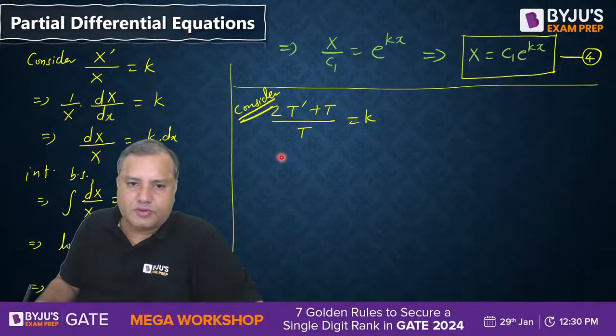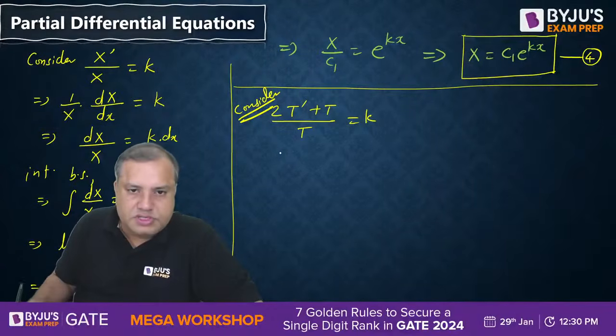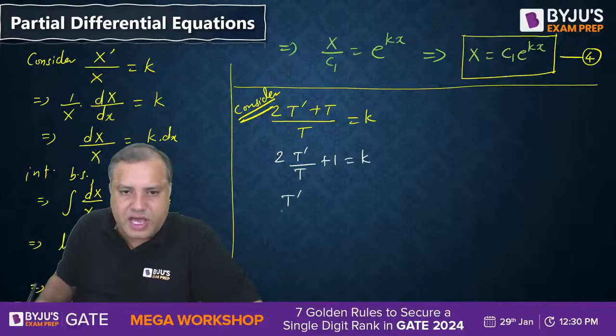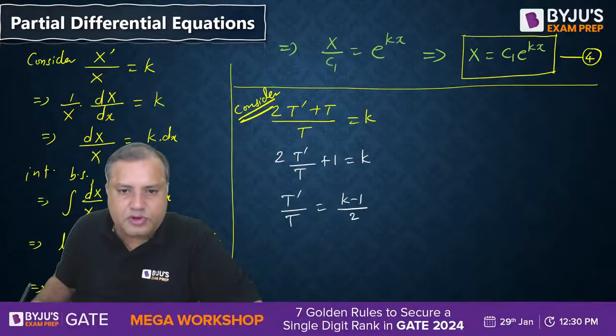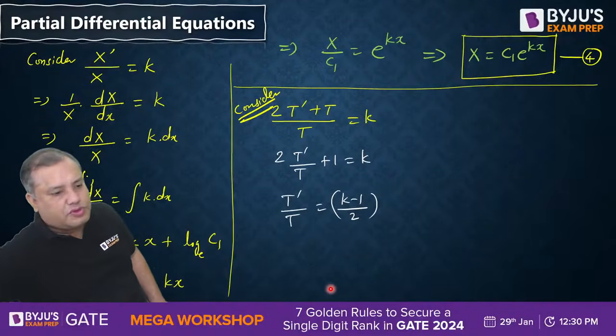Here 2T dash upon T plus 1 equals k. So T dash upon T will be k minus 1 upon 2.